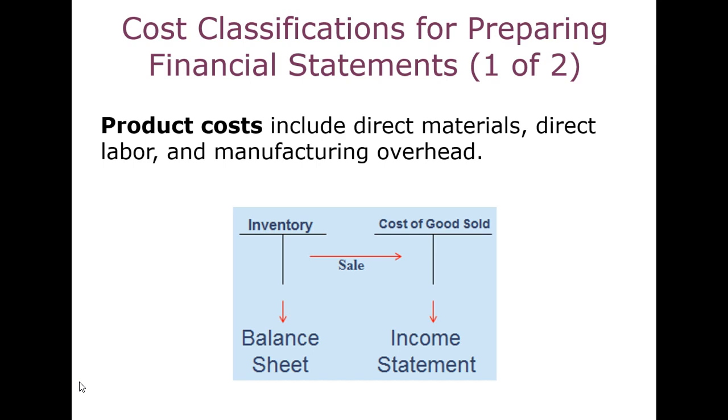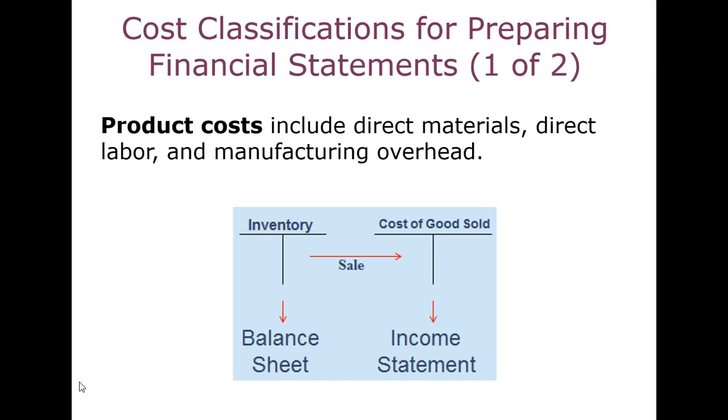So again, you have various inventory accounts. They just show one on this screen, but you do have at least 3 inventory accounts in the manufacturing area. Again, those are raw materials inventory, work in process inventory, and finished goods inventory. Once the goods are sold, again, you transfer the cost out of finished goods inventory into the cost of goods sold account.